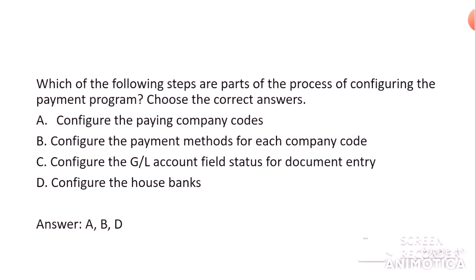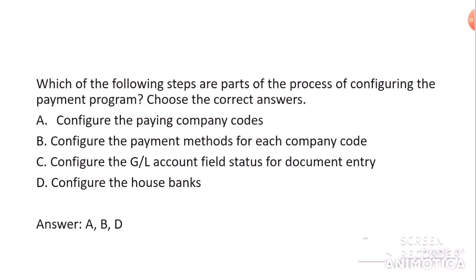Questions related to bank accounting, workflow, and parking and hold documents. Which of the following steps are parts of the process of configuring the payment program? This is actually a question related to the automatic payment program, as it does involve house banks.